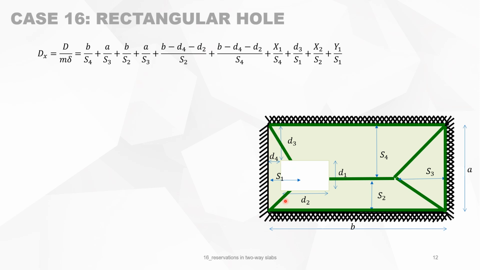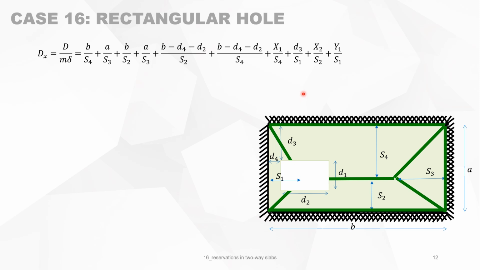And then we end up with those two little pieces. It's quite easy. This yield line is projected on this axis, so it is X1 divided by S4. And for this piece, projected on this axis, it's D3 divided by S1.